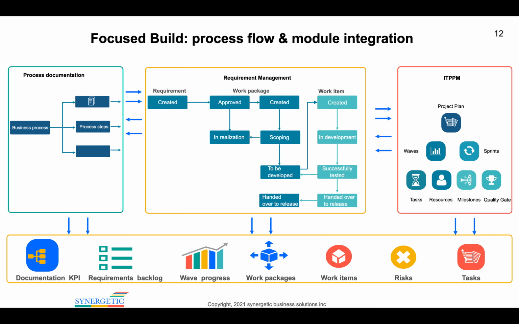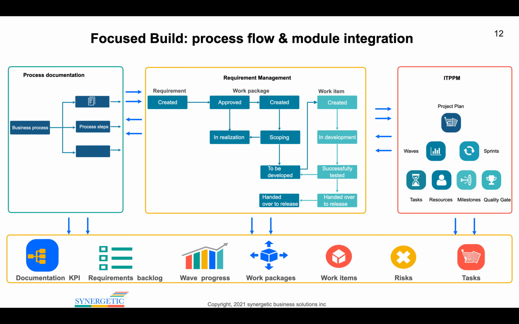Now let's take a look at the module integration. Basically, the key modules, process documentation, requirements to deploy, as well as the IT PPM, or information technology portfolio and project management, are all interconnected.